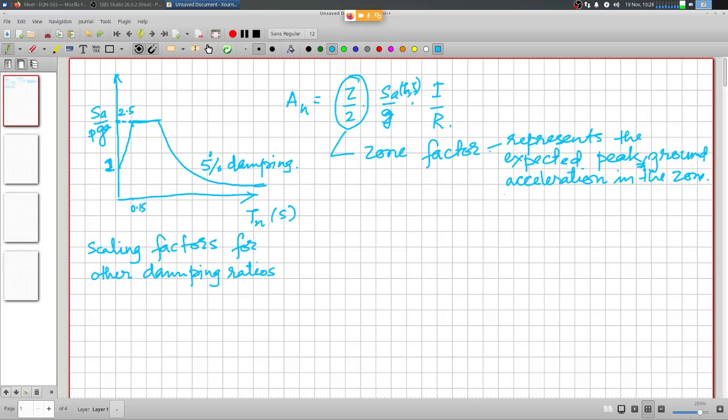Okay. Now let us be clear. When we are talking of peak ground acceleration, we are talking about horizontal acceleration, right?